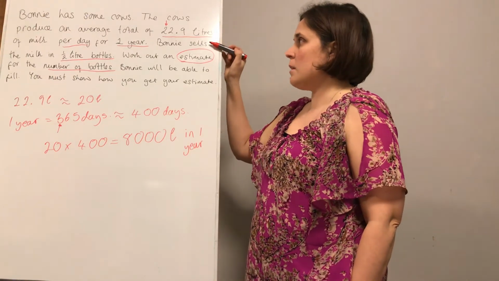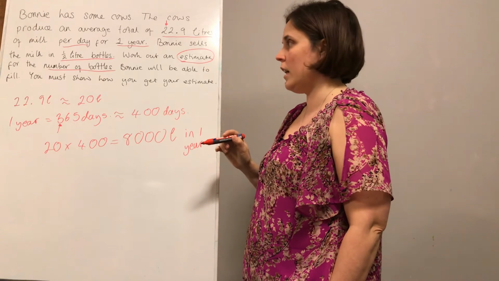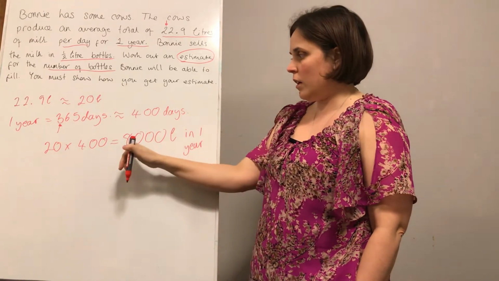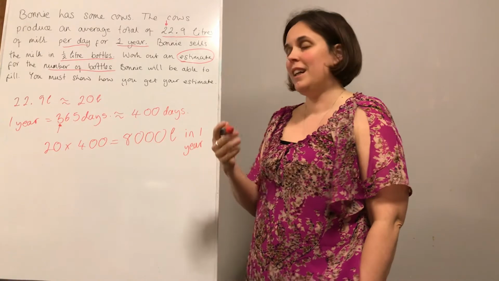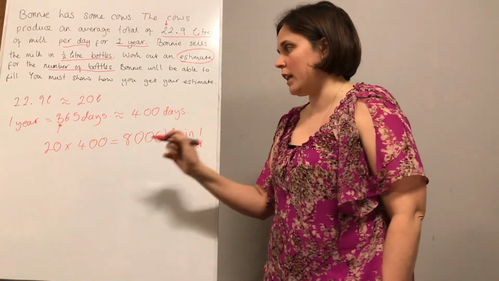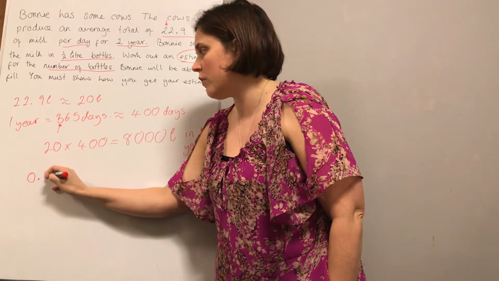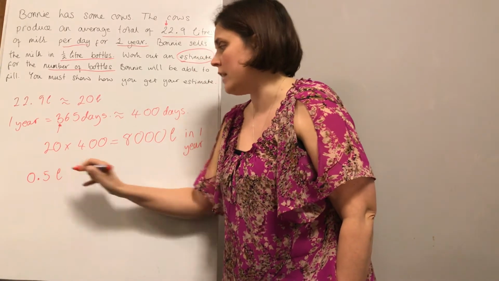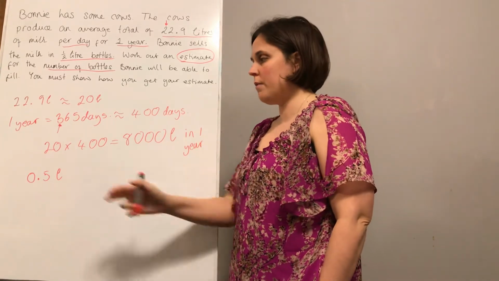Now, the next thing that's important is that she sells the milk in half-litre bottles. Okay, so we have to work out how many bottles we can fill. Now, one significant figure again. So a half is 0.5 litres. Now, this is where you need to know about your significant figures.